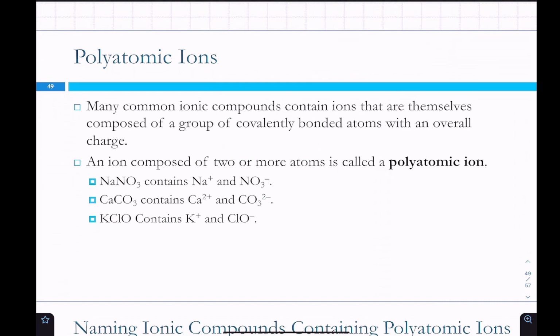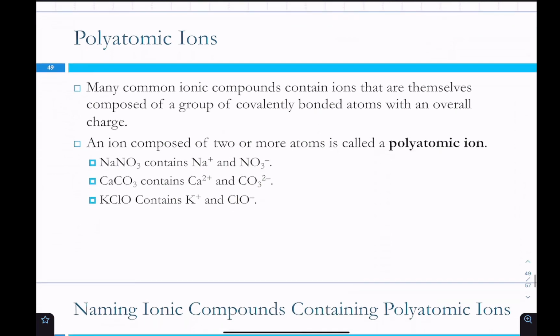If you take Chem 2, you'll be dealing with these a lot. Nitrates, sulfates, carbonates. Any ion that's composed of 2 or more atoms is called a polyatomic ion. So these are ions formed of many atoms. Poly meaning many, atomic meaning atoms. And then there's a specific subset of these that are the oxyanions.